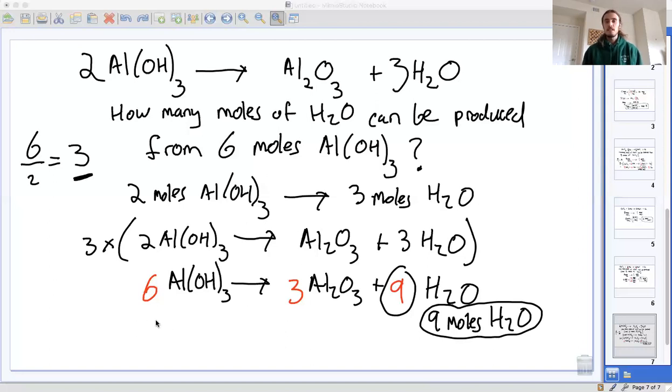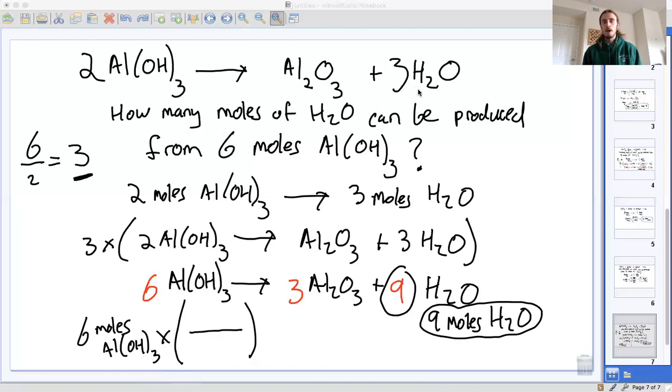But let me demonstrate the conversion factor. We started off with 6 moles of aluminum hydroxide. You're going to multiply by a ratio of the coefficients.